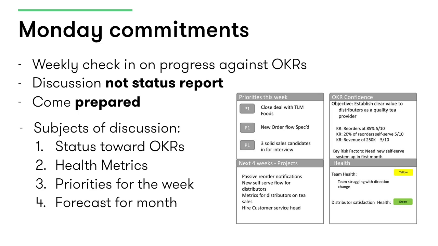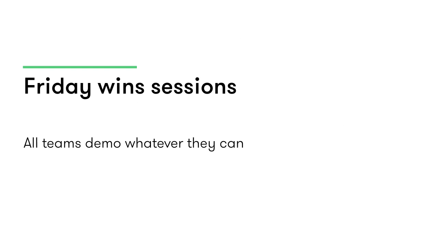So the other thing to set a rhythm, we do this on Monday. And on Friday, we do the Friday win sessions. On the Friday win sessions, all teams are going to demo whatever they can. The developers team can demo a bit of code or something they made work and they're proud of. The design team can show a prototype or some screens you've made.